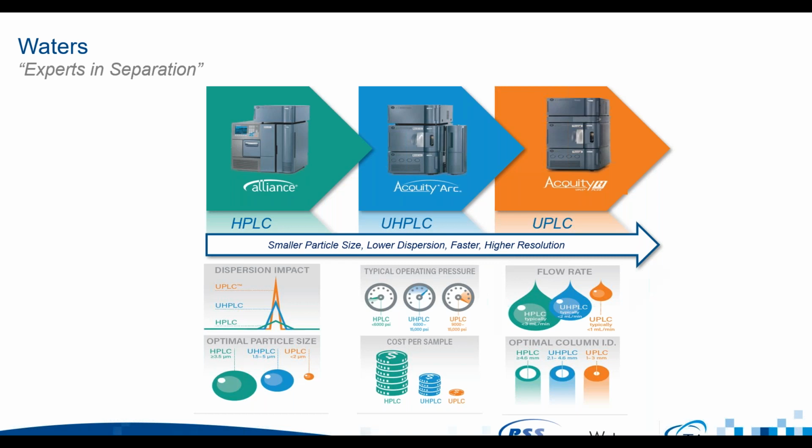This is because of increased operating pressures, reduced flow rates, smaller particle sizes, smaller column diameters, and the result of that means that you get faster separation, you get less dispersion, so you can see in that dispersion impact box you're getting a much sharper peak, and the general cost per sample, generally speaking, depending on obviously specific labs, is reduced because of the shortened analysis time, etc.